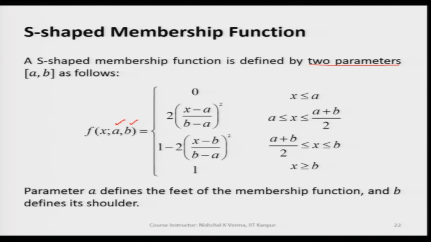It will be equal to 1 minus 2 times ((x minus B) over (B minus A)) squared for all values of x greater than or equal to (A plus B) by 2 and less than or equal to B. And this function will be equal to 1 for all values of x greater than or equal to B.